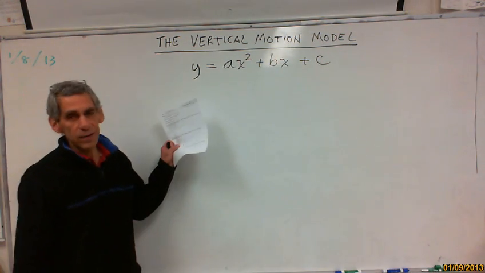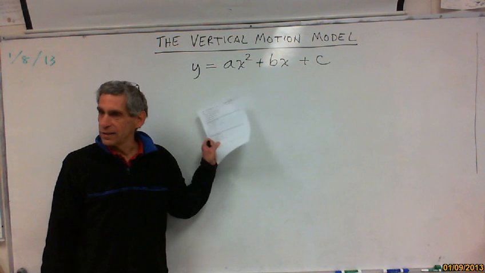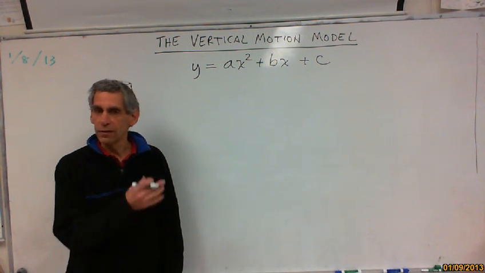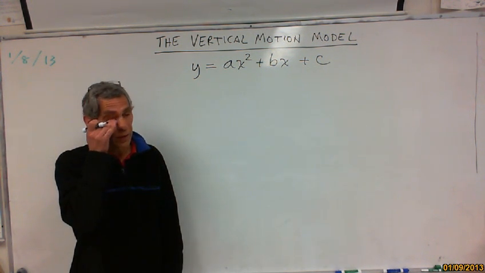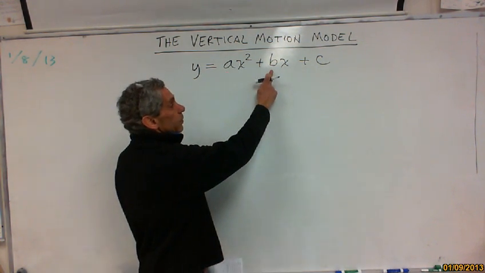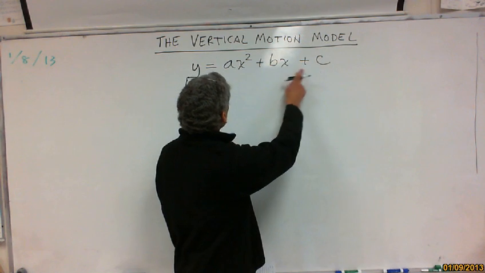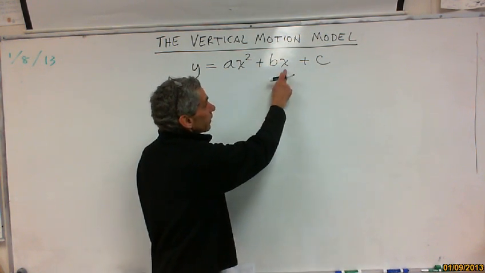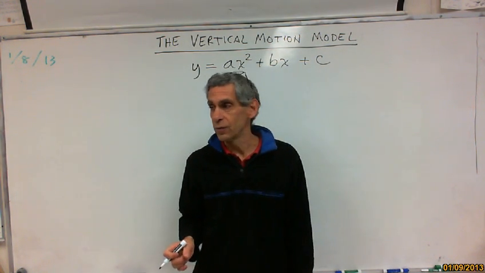That is a standard quadratic equation. The a is usually a number, the b is a number, and the c is a number. We have the y and the x squared.